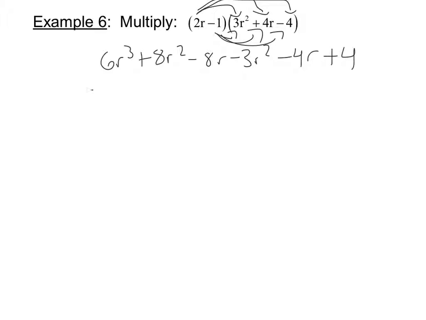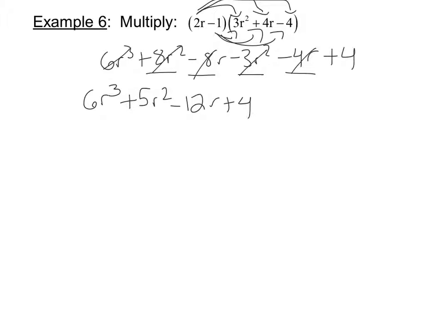Combine the like terms, so you have 6r to the third, and then 8r squared minus 3r squared, 5r squared, negative 8r minus 4r, plus 4. Okay, let's take a look at another one.